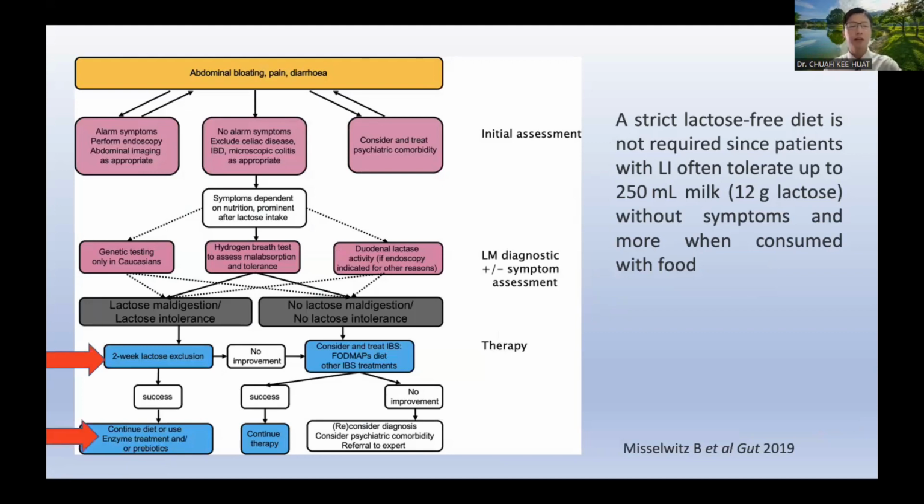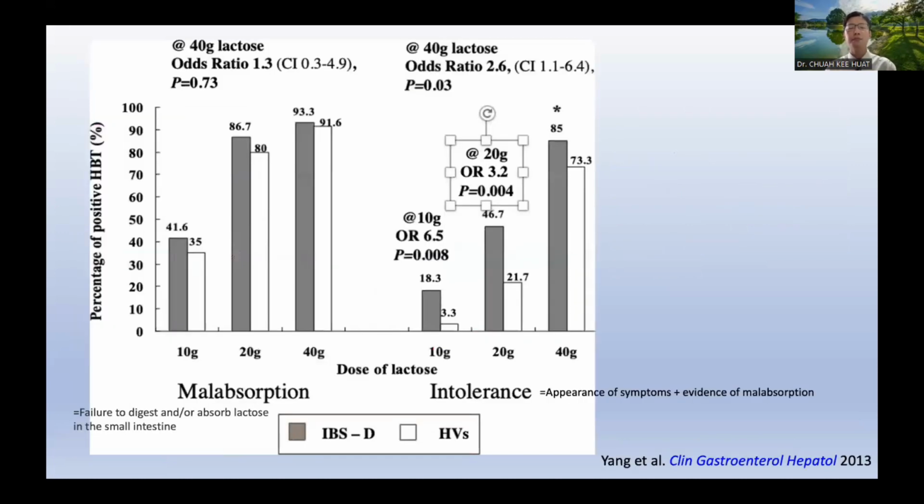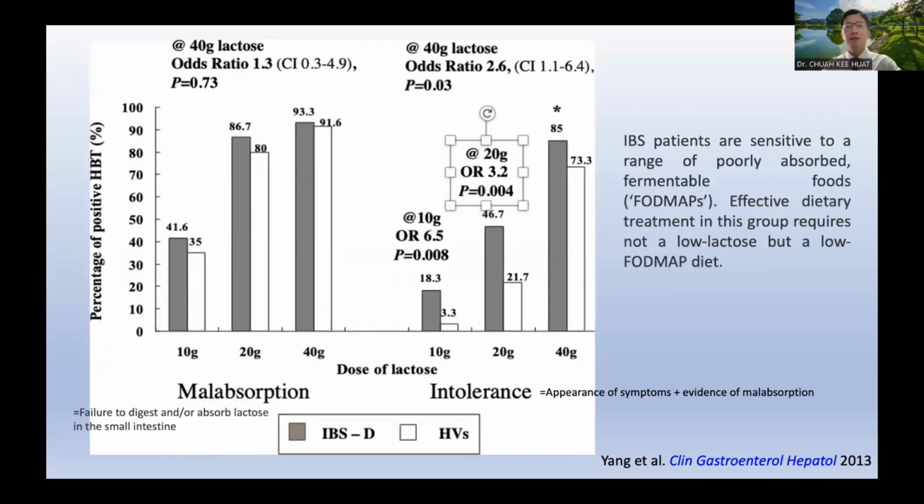This is the similar diagram. They show that if diagnosis is positive, can try lactose exclusion. If successful, can even continue the diet or enzyme treatment, for example, lactase. This is to show that IBS patients have more symptoms of lactose intolerance compared to healthy controls.